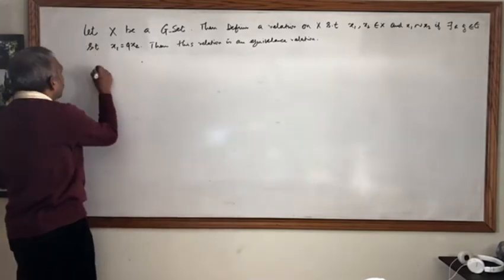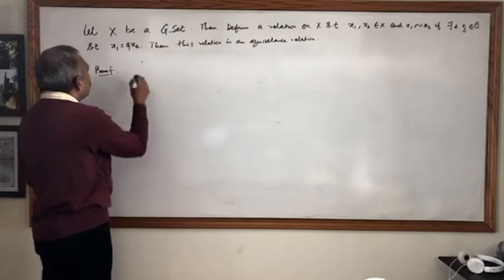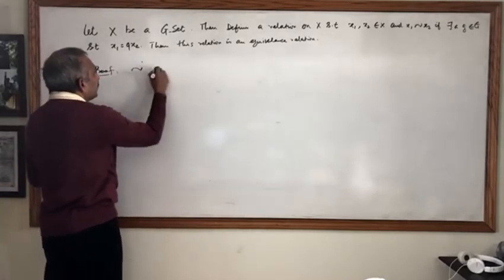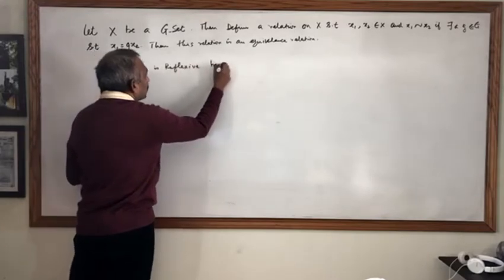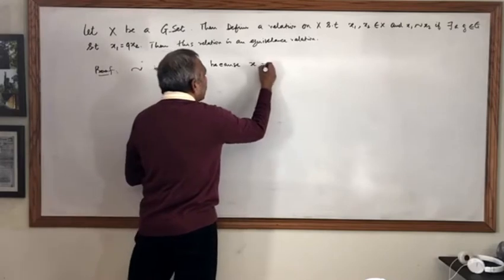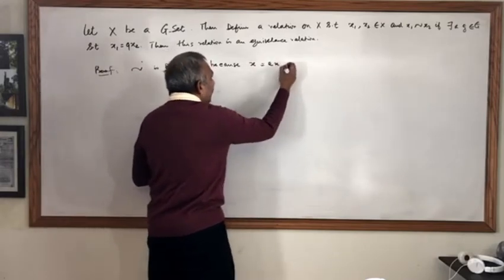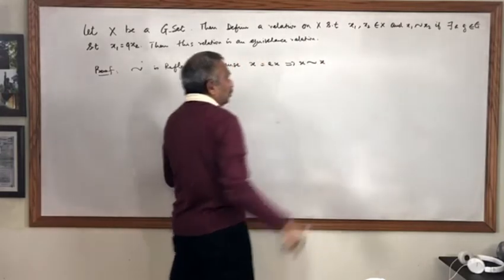So let's prove that. The relation is reflexive because x is equal to ex, and that implies x is related to x using that rule.